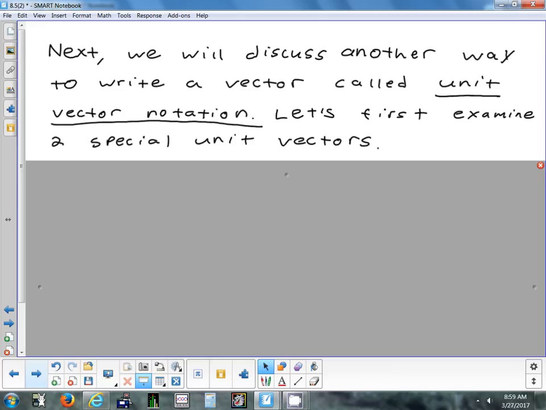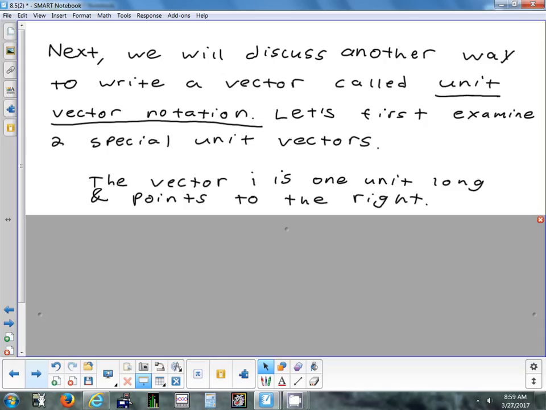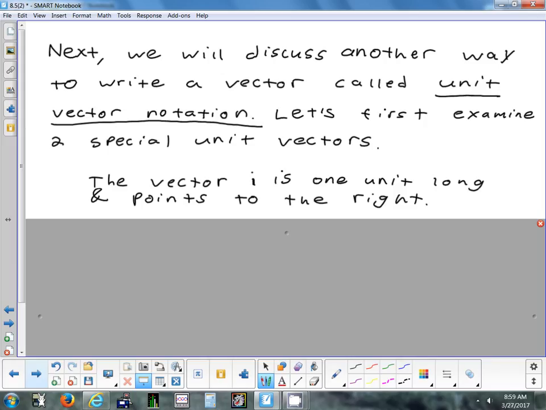So I'm going to show you two special unit vectors. Does anybody know the names from physics? There's two special unit vectors in 2D. If you're doing 3D, there's 3, but we're doing 2D. Okay, the first one is vector i.